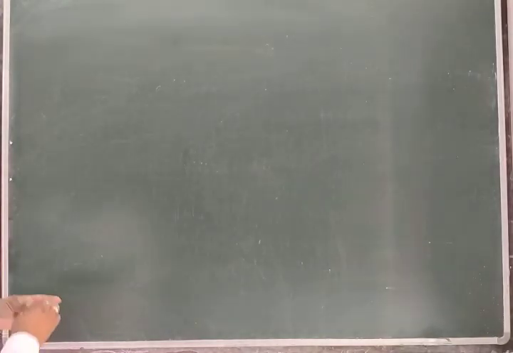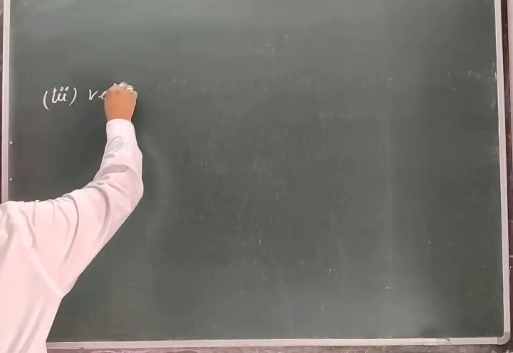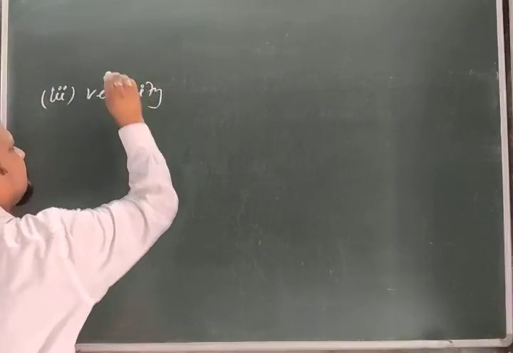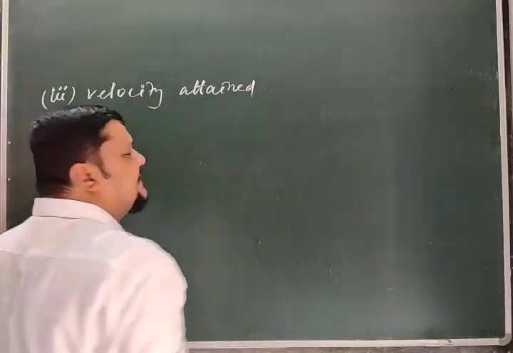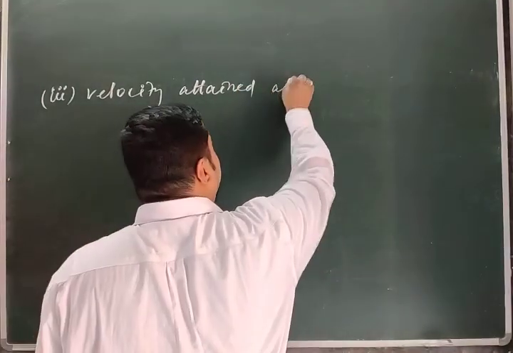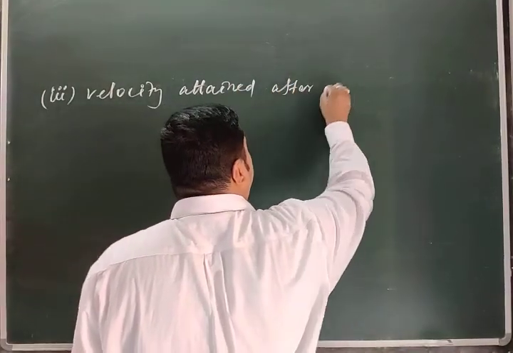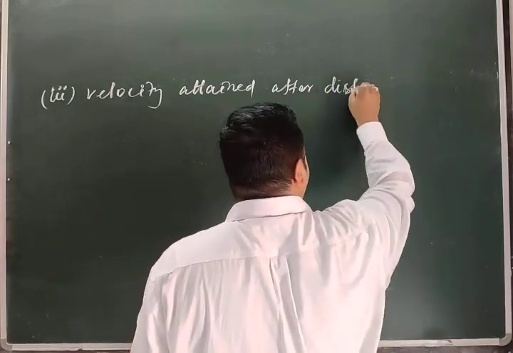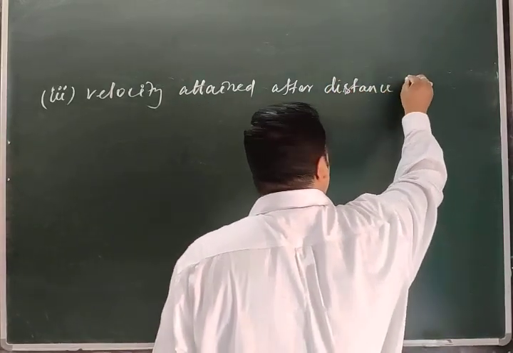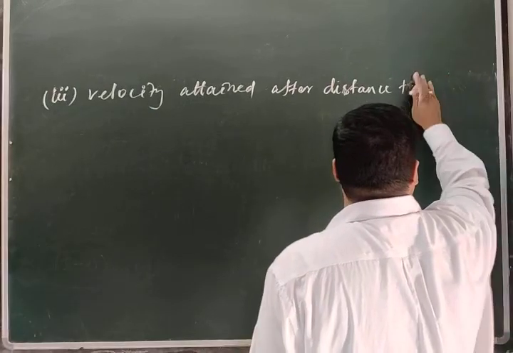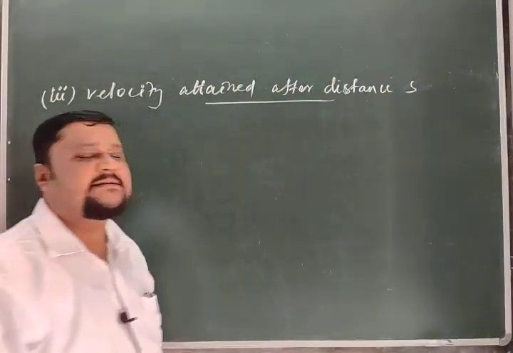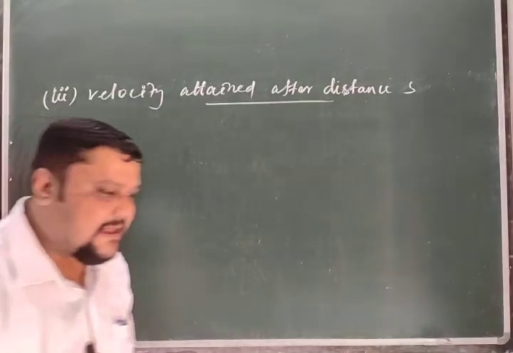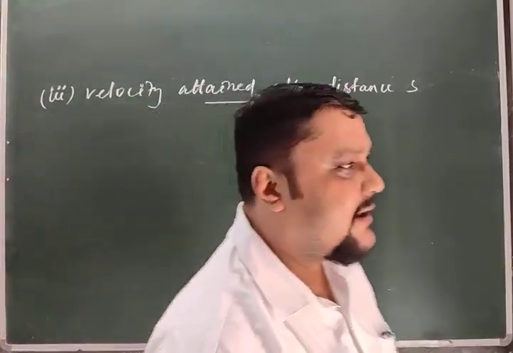The third one is the velocity attained after distance s. What is the velocity attained by the body after distance s? What is its concept? Now compare equation 1 and equation 2.